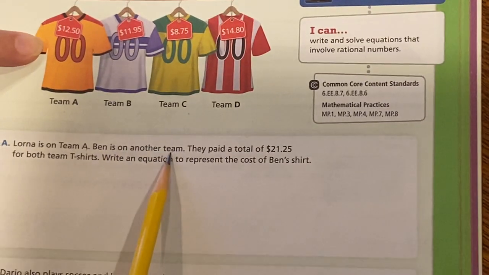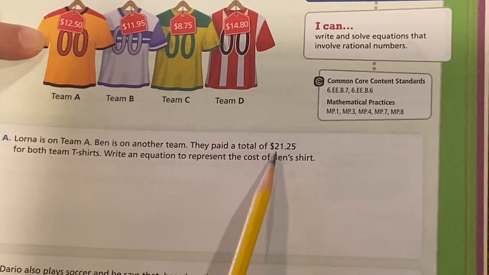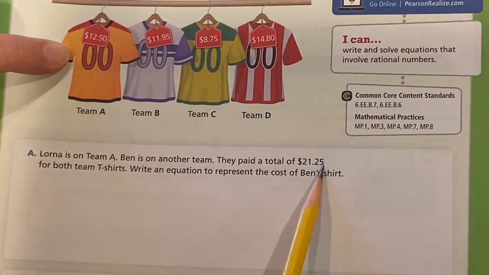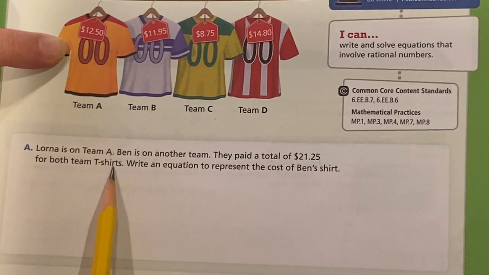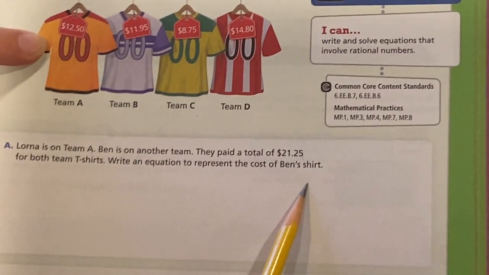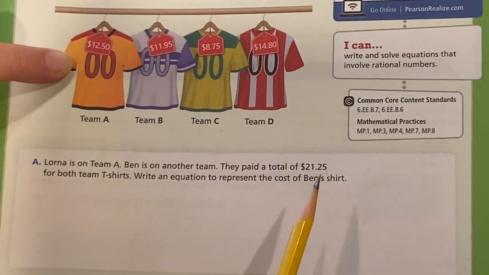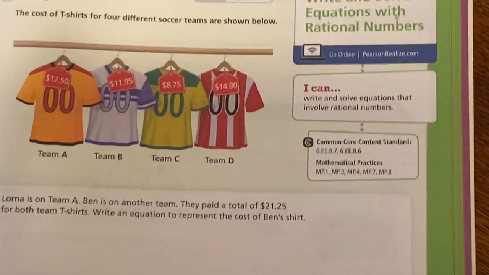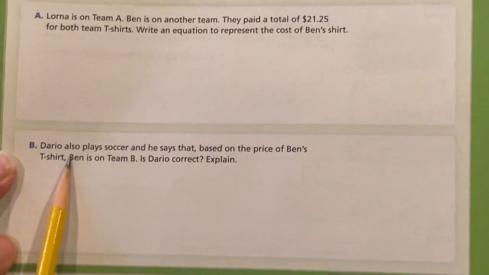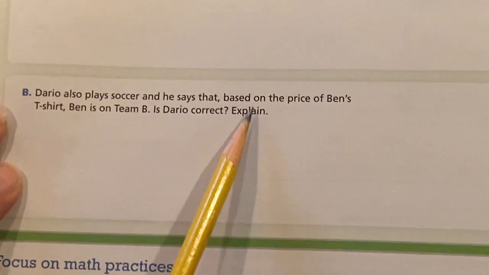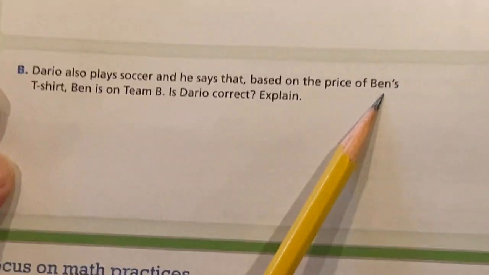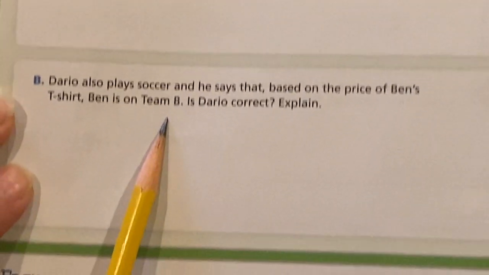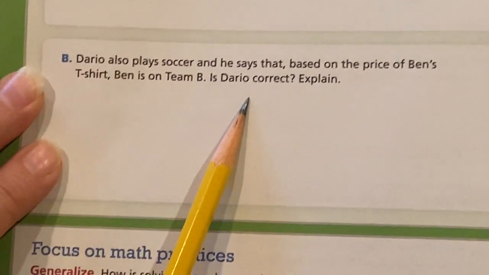All right, Ben is on another team. They paid a total of $21.25 for both team shirts. Write an equation to represent the cost of Ben's shirt. Don't tell anyone, Ben. All right. Now, Dario also plays soccer, and he says that based on the price of Ben's t-shirt, Ben is on team A. Is Dario correct?